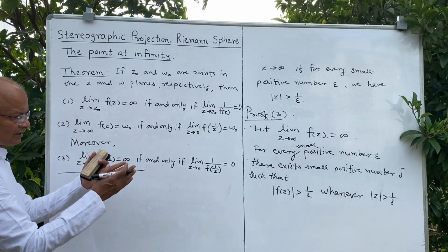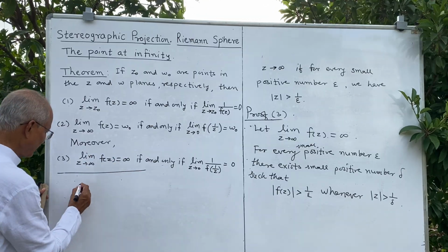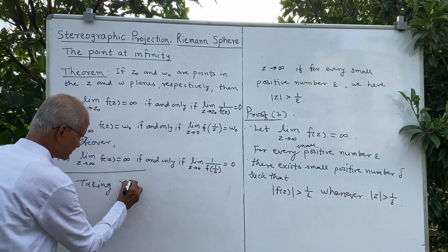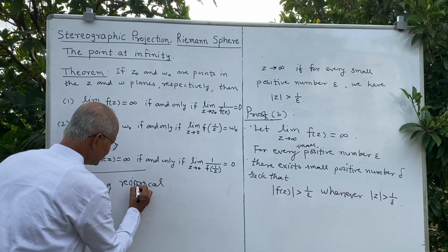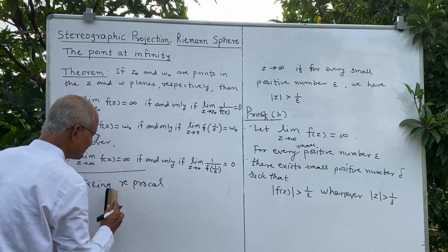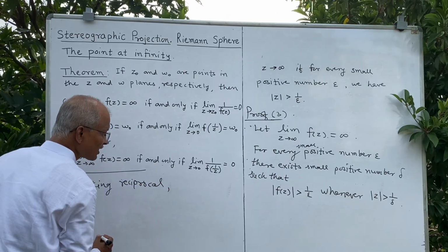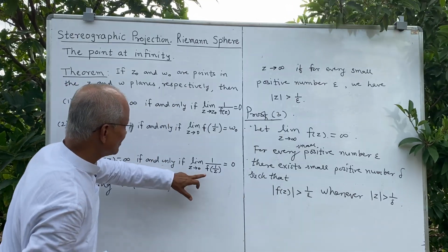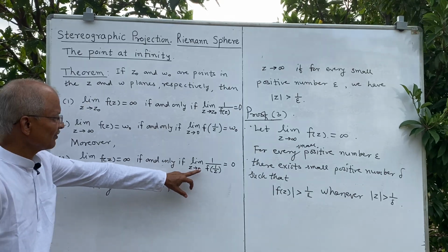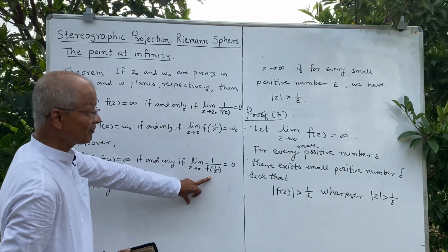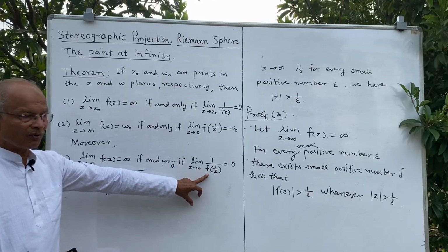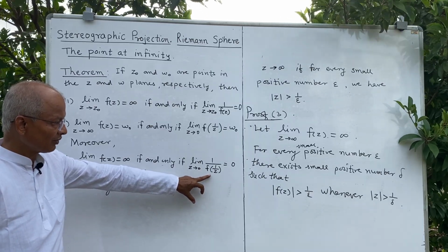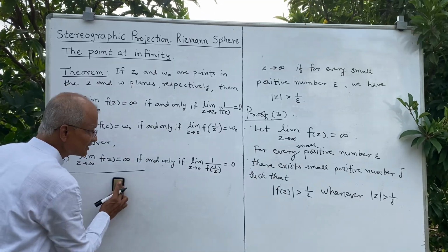Now we shall take the reciprocal of this statement, taking the reciprocal of both inequalities. The inequality reverses. As we want to take this as the limit of f of 1 by z, before taking the reciprocal we will replace z by 1 upon z.